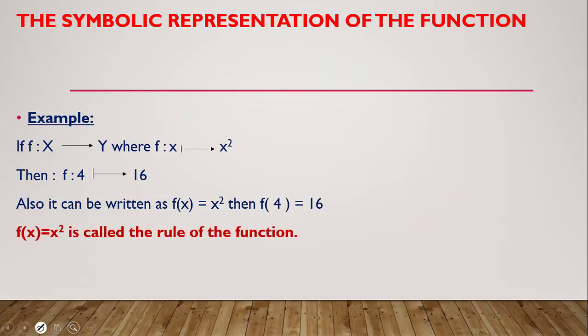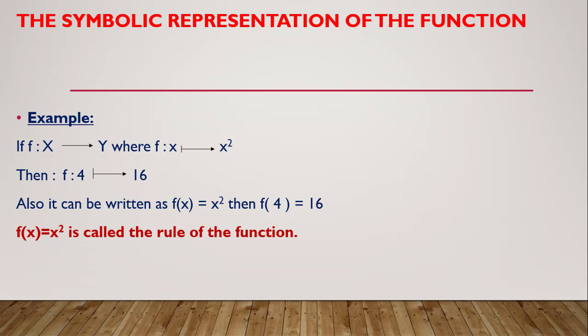Okay, here for example, if we have a function f relates x to y, or the rule of this function is f maps x to x power 2. It means if you have an ordered pair x, then y will be x power 2.